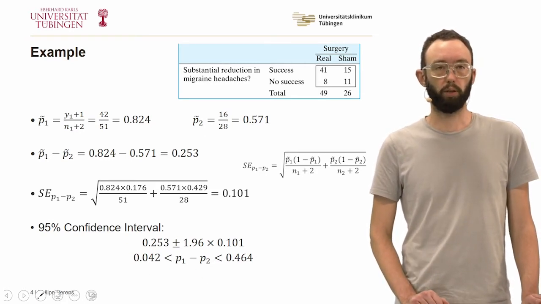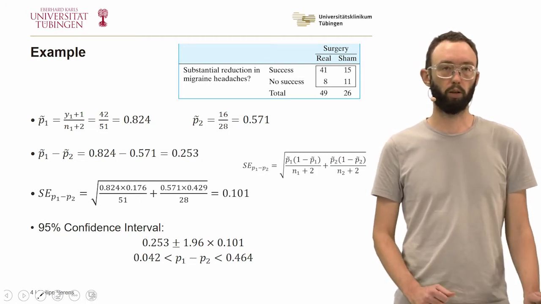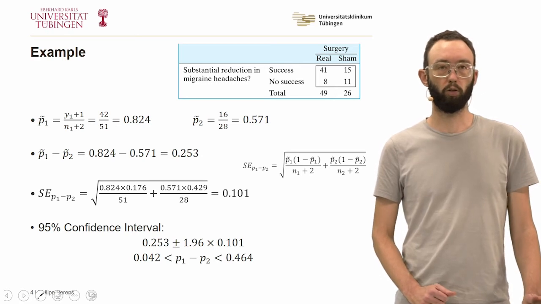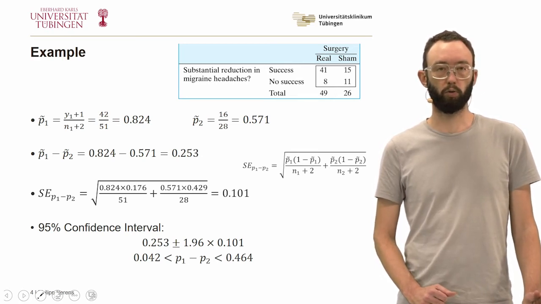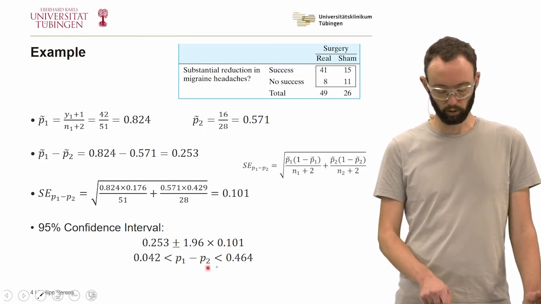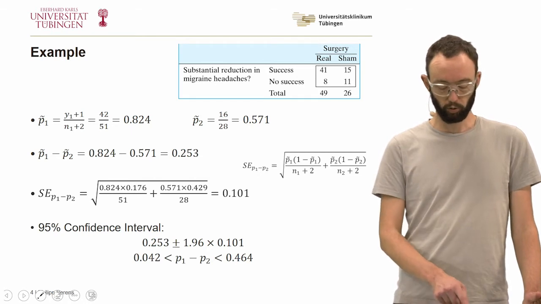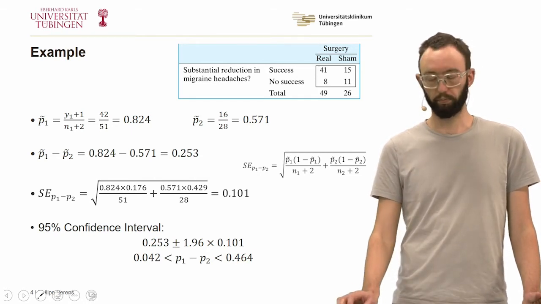So P1 minus P2 with 95% confidence is between 0.042 and 0.464. So we're 95% confident that the difference in probability is between 4% and 46%.